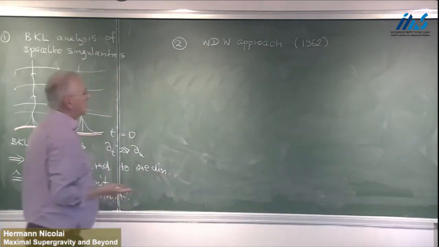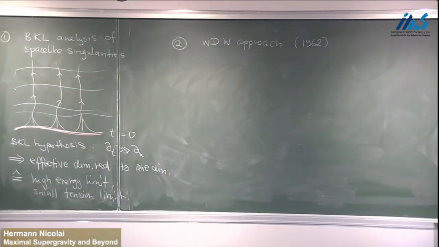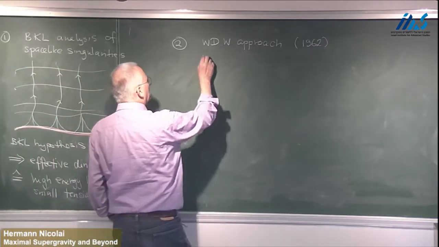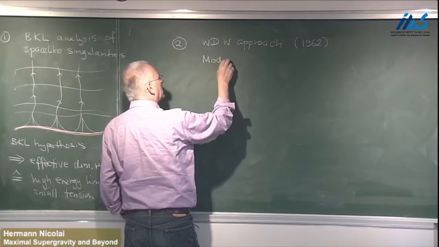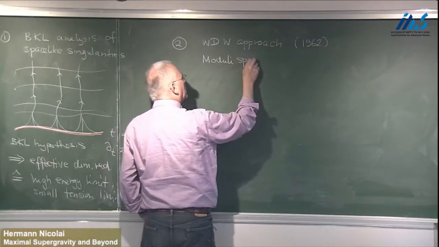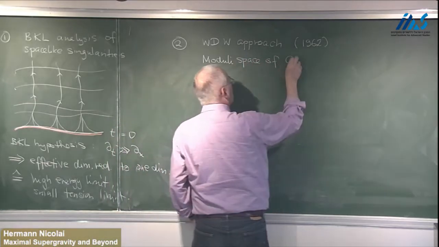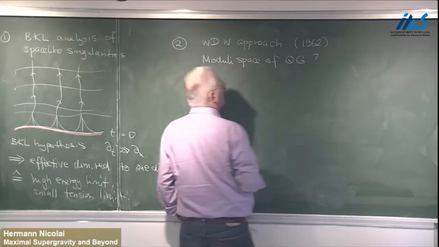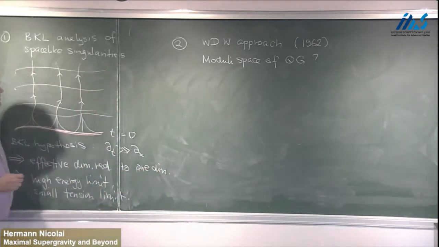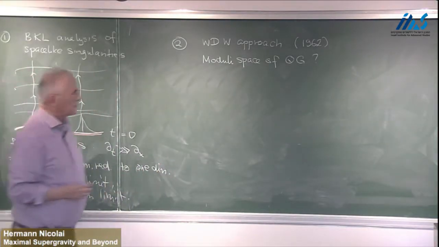John Wheeler pushed this idea that the question is, what is the configuration space of quantum gravity, or moduli space of quantum gravity? Now he said, this is the space of 3-geometries.